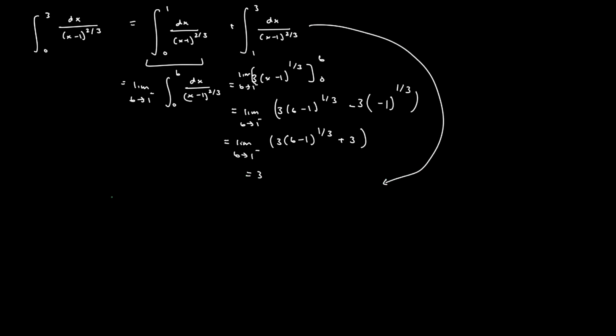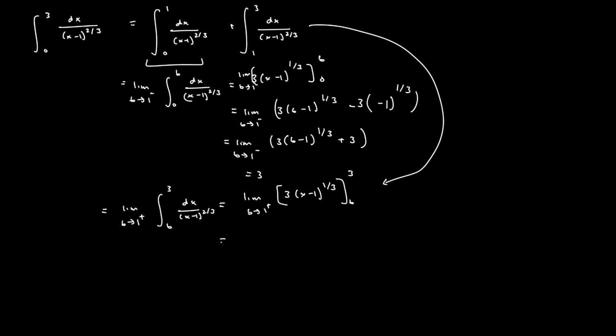So that is equal to the limit as b tends towards 1 from the positive end of the integral from b to 3 of dx over (x minus 1) to the 2/3. We know that's the same thing as the limit as b tends to 1 from the positive side of 3 times (x minus 1) to the 1/3 from b to 3.